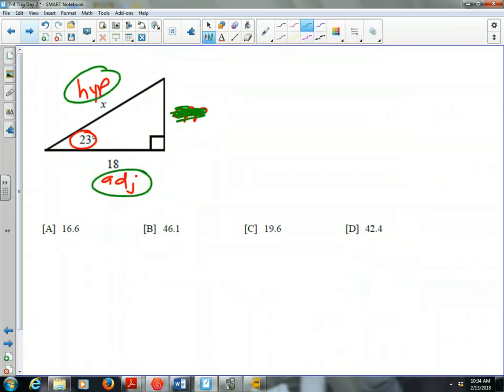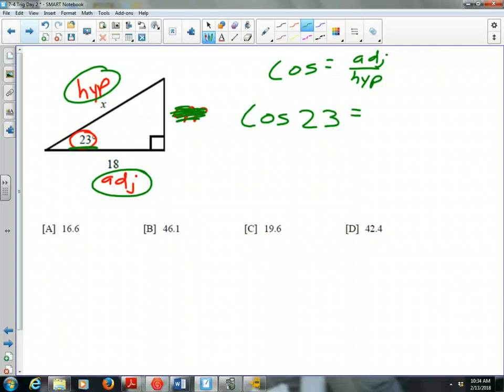I'm not given anything about opposite. So the cosine is equal to adjacent over hypotenuse. So the cosine of the angle that I'm talking about, 23, equals the adjacent side, 18, divided by the hypotenuse, which is x. Okay?